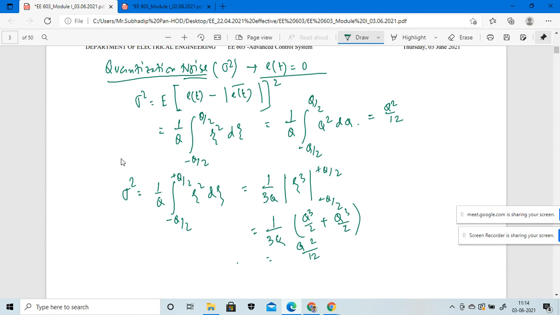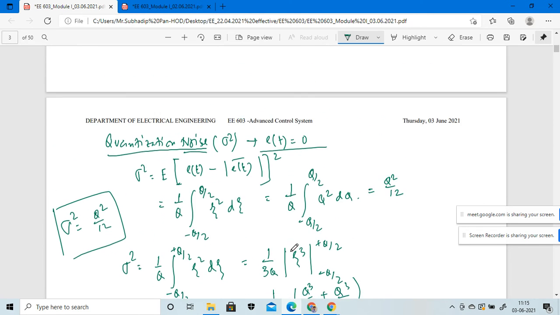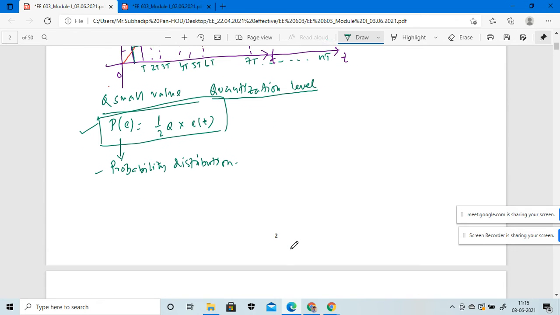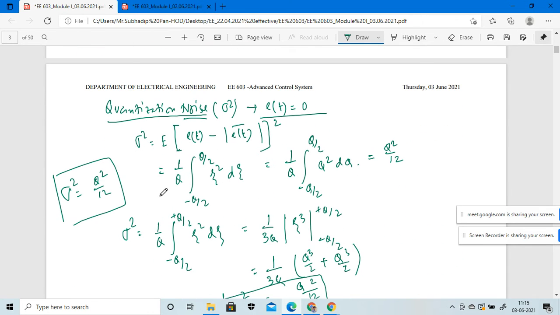So what we are doing is the integral operation of a particular quantization noise, with a value of q square by 12. This is the equation for calculating the quantization noise, where q is defined as the quantization level.